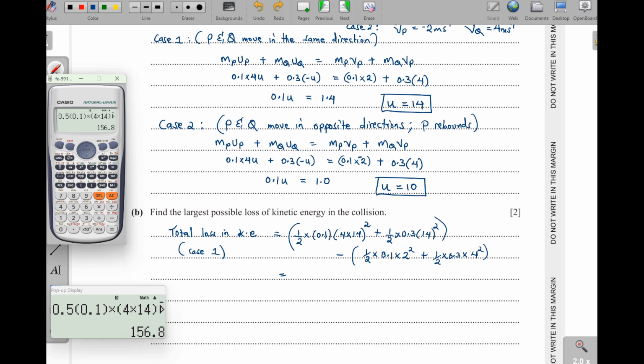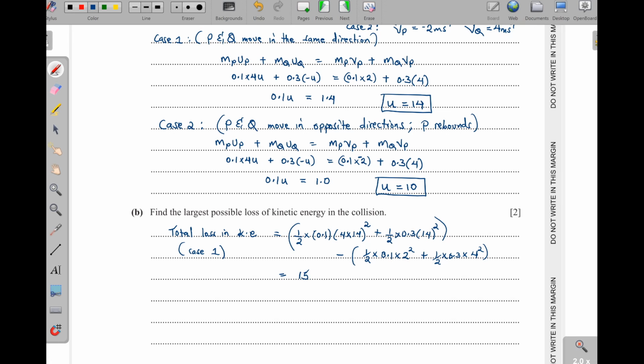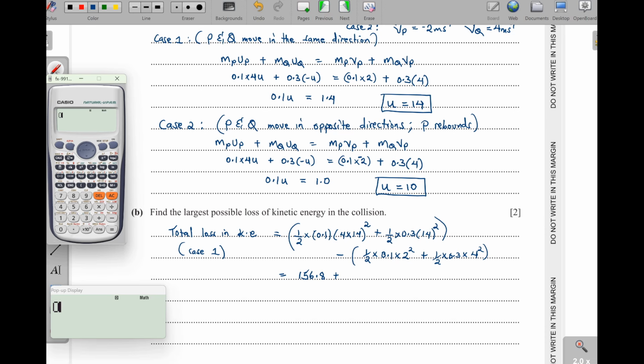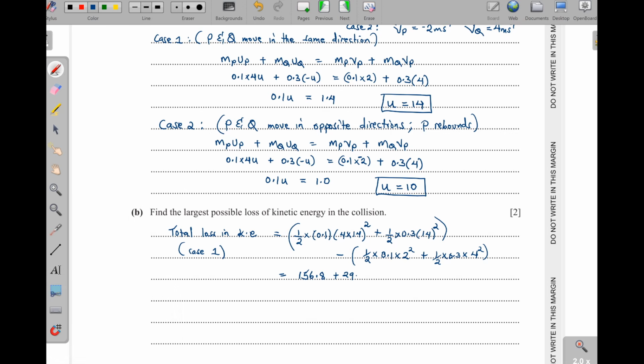This one gives us 156.8. So 156.8, then plus 0.5 times 0.3, then times 14 squared, 29.4, minus, then inside here, this is 4 times 0.1, that will be 0.4, divide by 2, that will be 0.2.